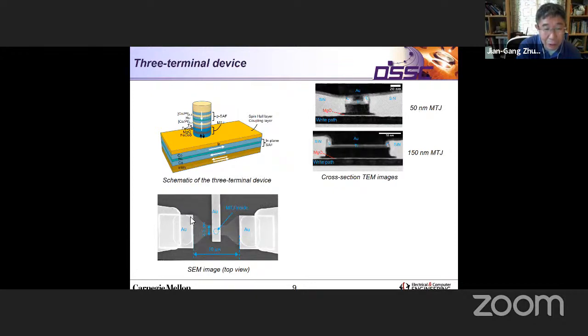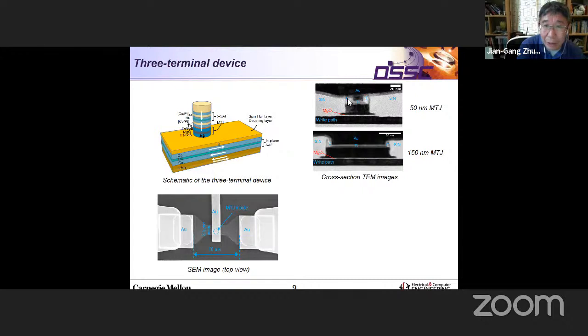You can see this bow tie structure is the bottom iridium layer stack, the spin Hall structure. This is 10 microns, and that's actually one of the challenges, to make this very small, it's not easy unless you have a CMP technique, right? Then we patterned the MTJ on top of it.